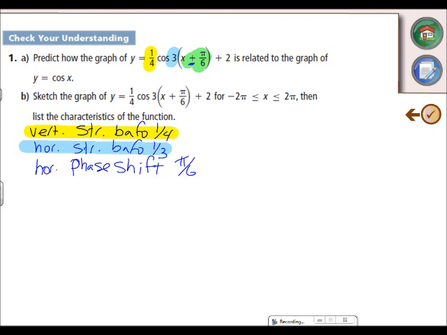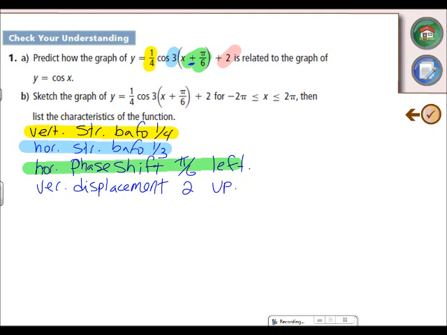So that means we actually went minus a negative c value. It's going to the left. And then our final one is the pink, there, +2. And that's going to be a vertical displacement, or vertical translation, 2 units, and that's going up.